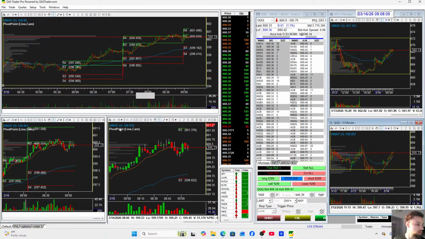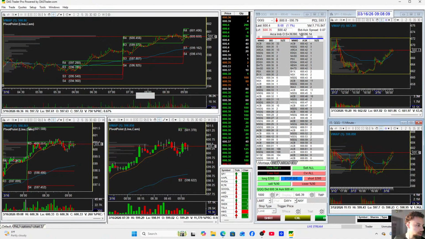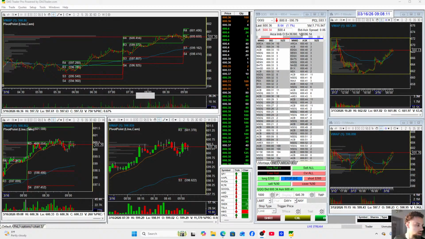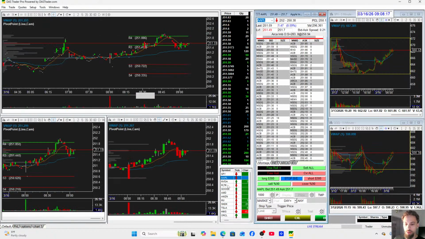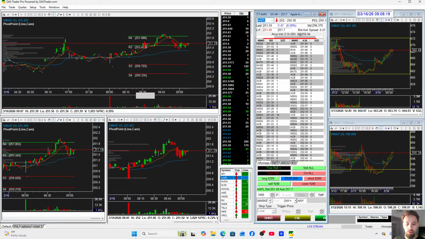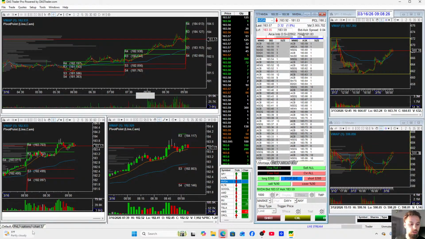All right, let's see what is in play here. Lots of green on the screen, so that's nice. Let's see who has some volume here. What's in play? NVIDIA has lots of volume.